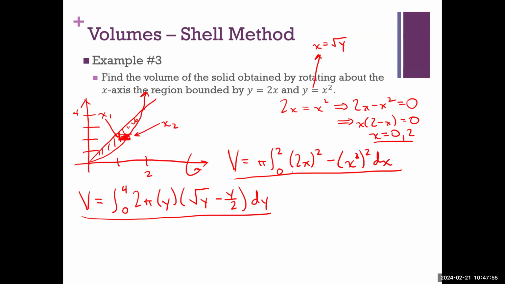They weren't last time. That's part of the reason I'm really harping on the fact that the thing we're integrating has to do with the area of some face of a cylinder. Either it's a rectangle for the shell method or it's a circle for the disk and washer methods.